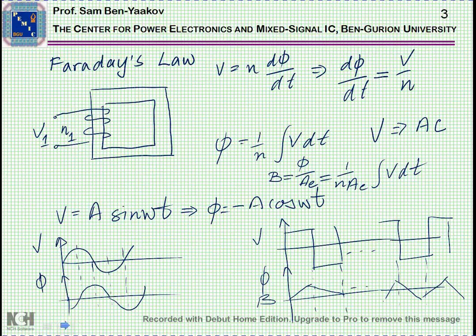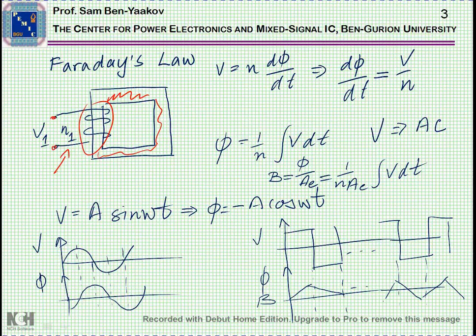Now let me start off with the very basic relationship of a transformer. A transformer is built around a core which will be of a ferromagnetic material. And here is one winding on the core. We are imposing some voltage on this winding, which has N1 turns.